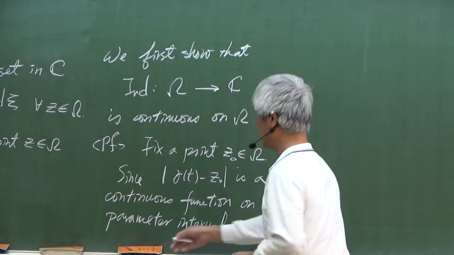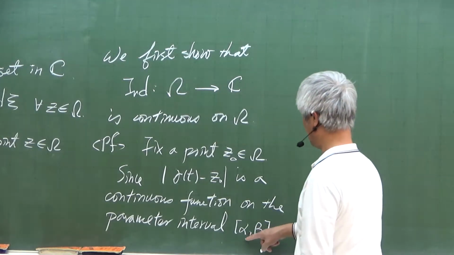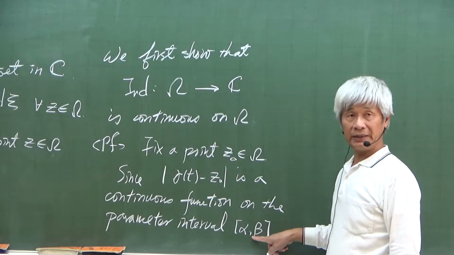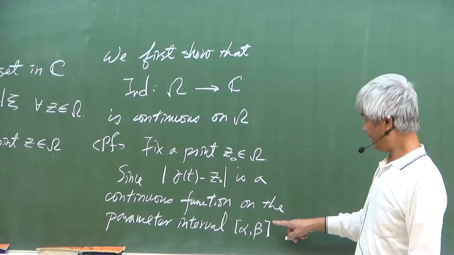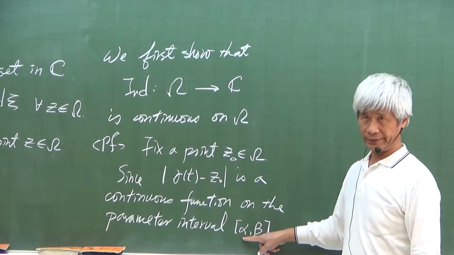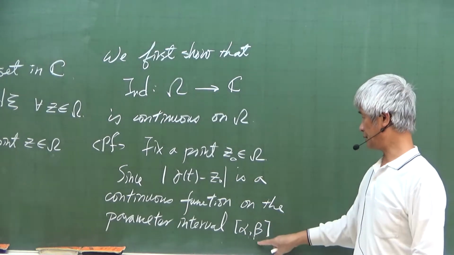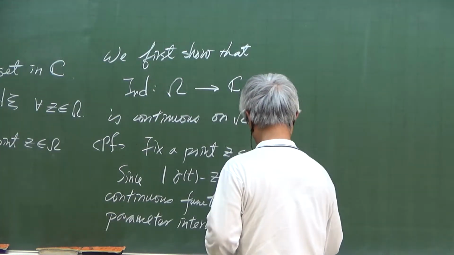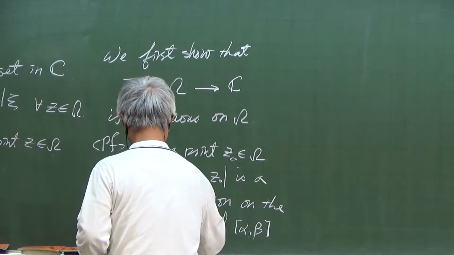And look at this one. This is a closed interval. I mentioned that in Rn, especially in R1, any bounded and closed subset is compact. So this is compact.